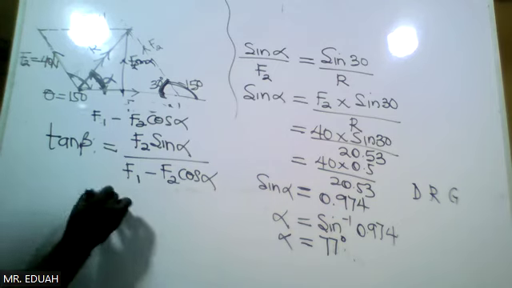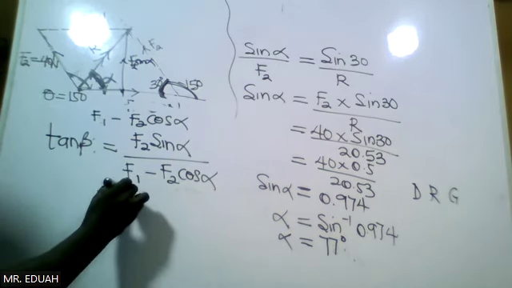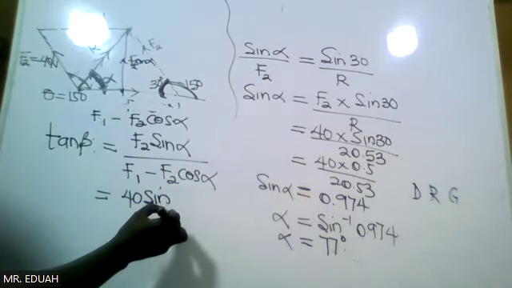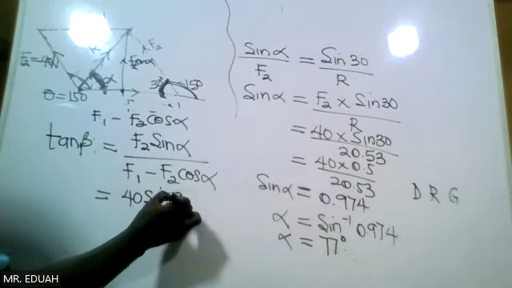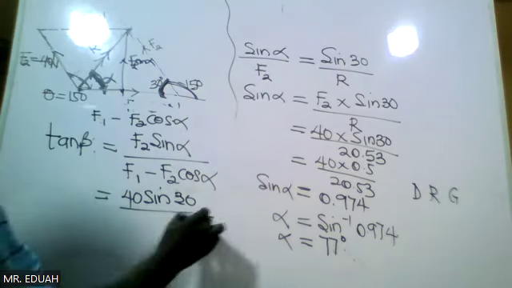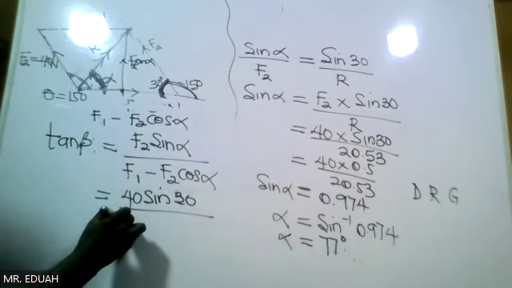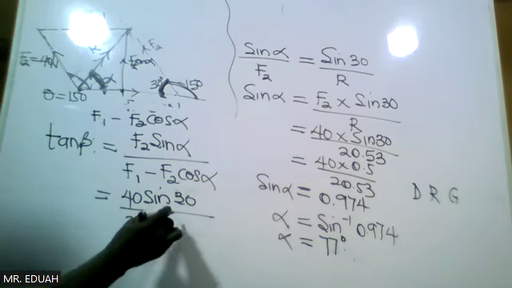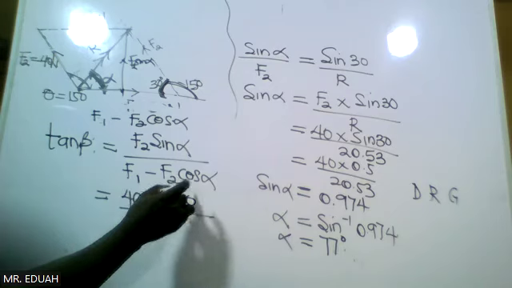So let's see. What is F2? 40. Sine of alpha is 30, divided by F1 is 30 minus F2 cos alpha.